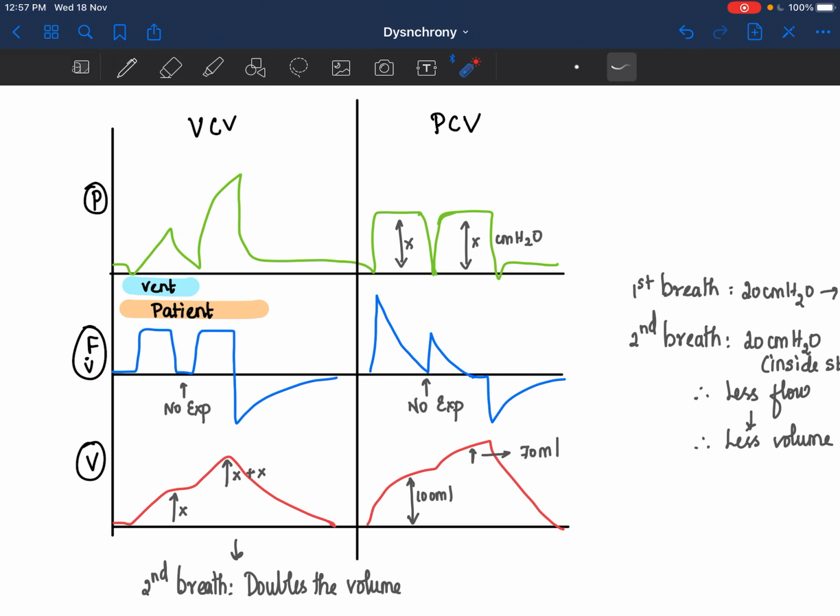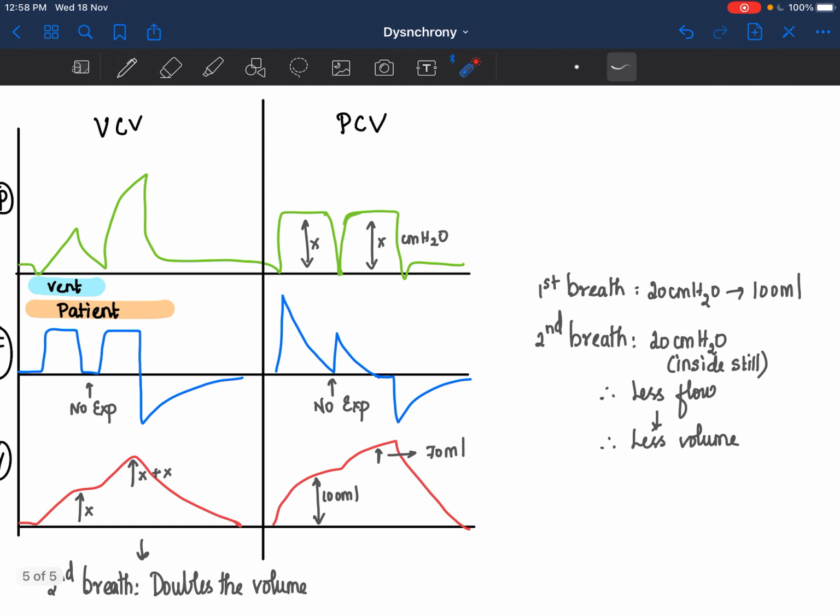On the other hand, if you do a pressure controlled ventilation, you have a pressure waveform that is set. You have another breath that is coming up, and in your flow waveform, again there is no expiration, but the second flow is less. Why is this happening? Because with the first breath the patient was delivered 20 centimeter of water.